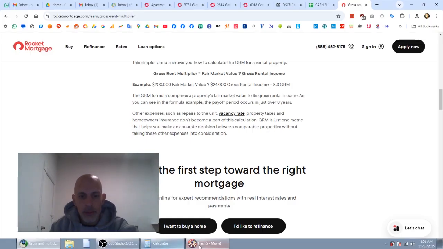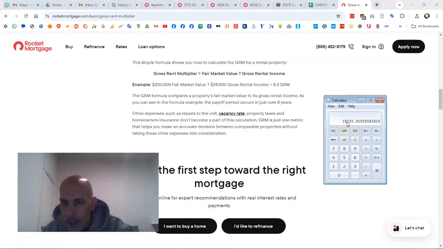So this is saying $18,000. That doesn't make any sense to me, because there's no way annual gross rents would be 18,000. Let's see, 2.1 million divided by 116.